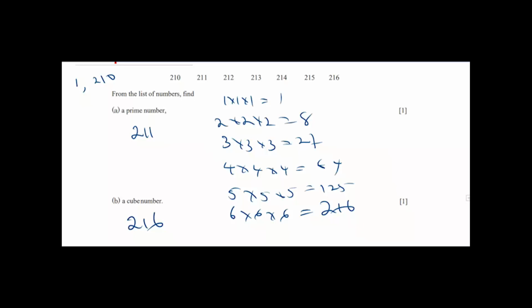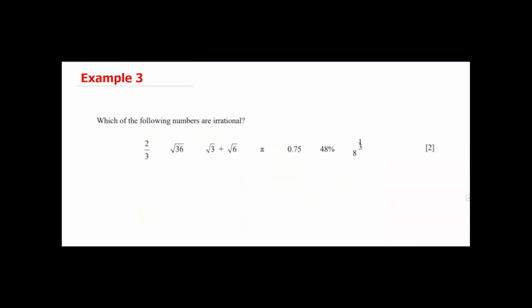Okay, so let's go to the next example here. That is example 3. We have about 6 of them. So which of the following numbers are irrational numbers? Of course, this one is not an irrational number. So this one is not an irrational number. Look at this. Is this an irrational number? Let me quickly explain something.